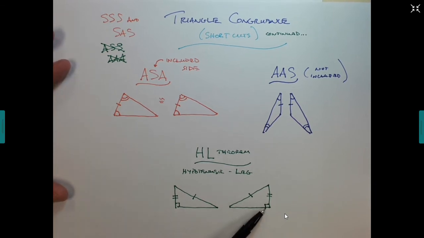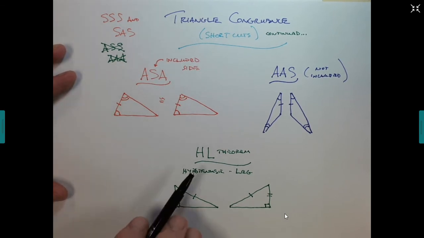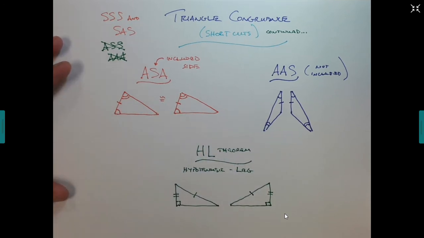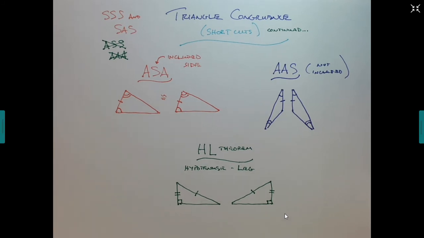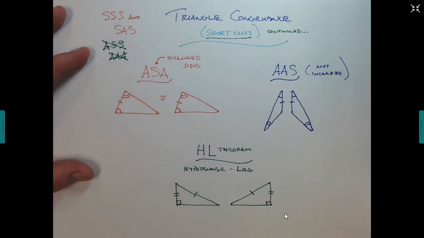This is the only version of angle, side, side that really works. Since it only works for the right triangle, we come up with this alternative theorem, the hypotenuse leg theorem. And these are the 5 ways that we can create a shortcut to prove congruence with triangles.